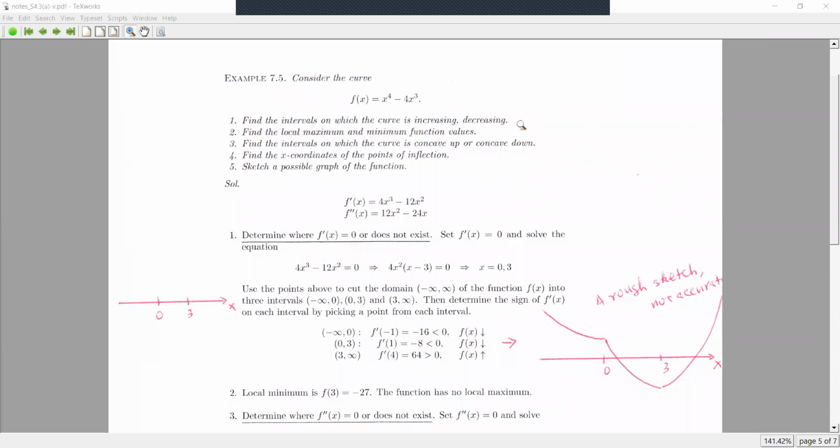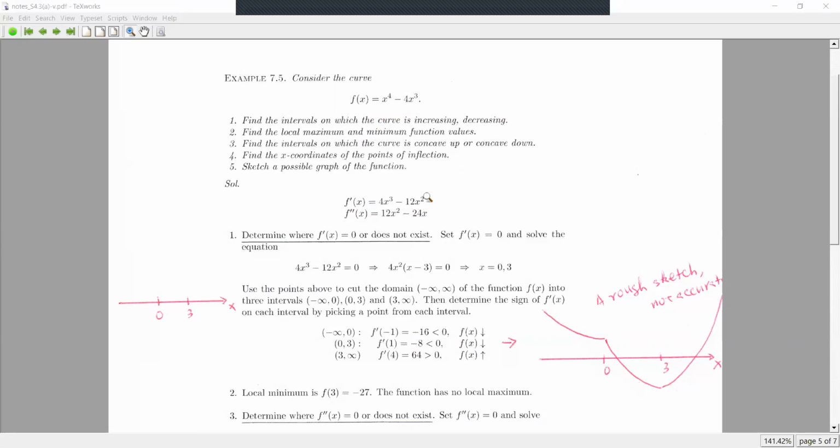Recall that increasing, decreasing are determined by the first derivative. First derivative greater than 0, increasing. Less than 0, decreasing. Okay, now I compute the derivative of this function.